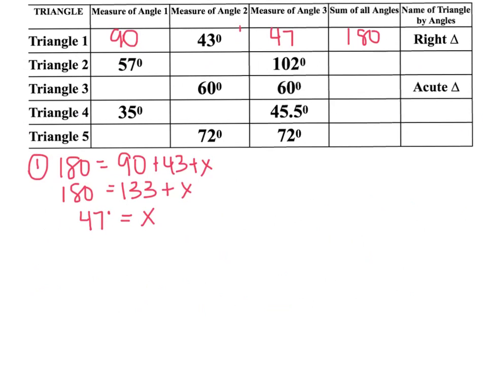Now let's try number 2. We know that one angle is 102 and one angle is 57. Our total we know should be 180. So we want to say 180 equals 57 plus 102 plus x. 57 plus 102 is 159.